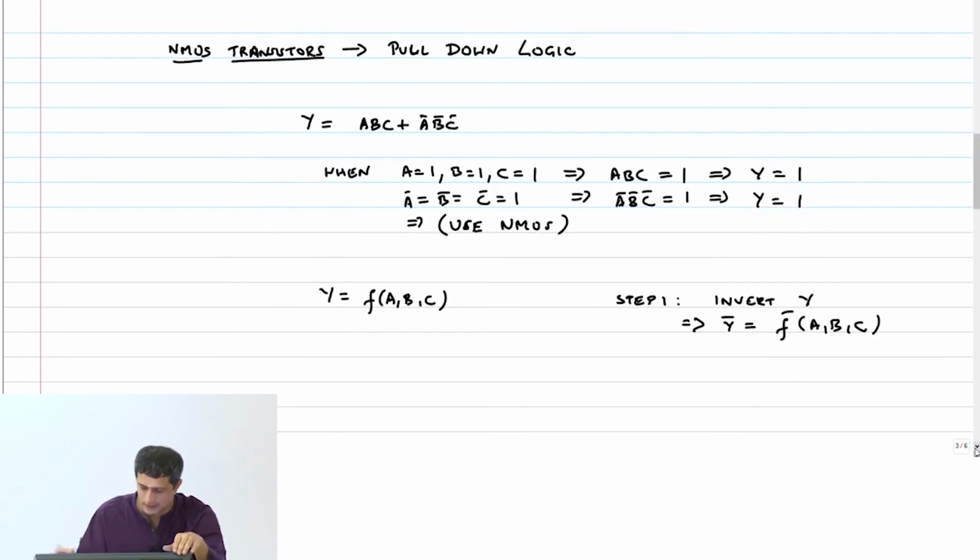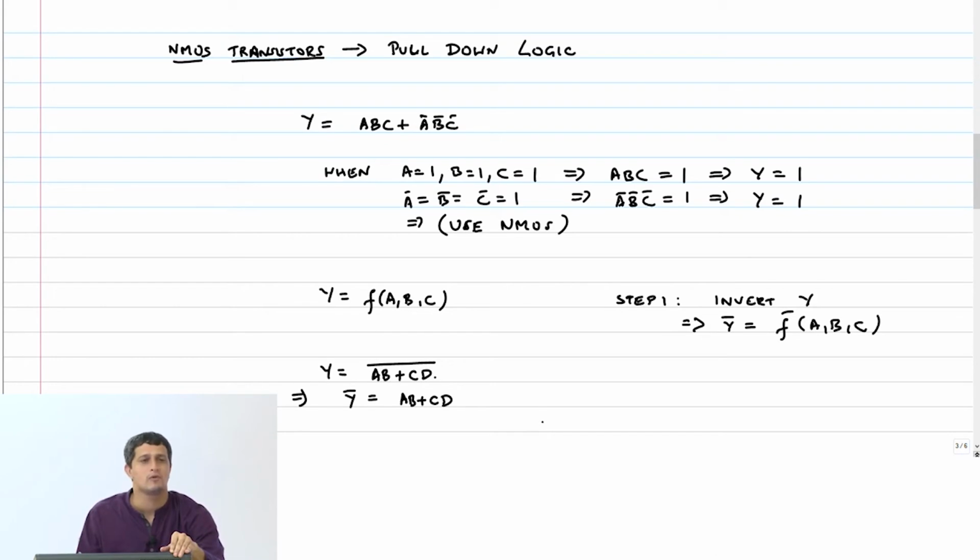Okay, so let us look at an example. I will look at y equals AB plus CD. The first thing I have to do is implement y bar first. Y bar is the complement of AB plus CD.